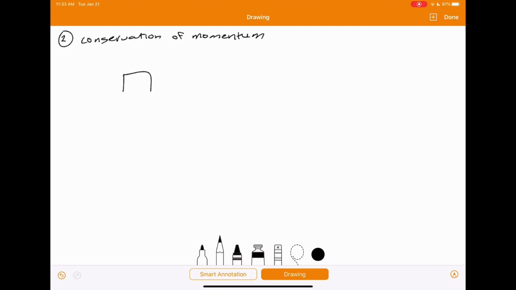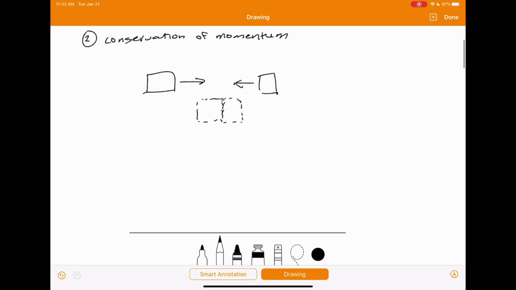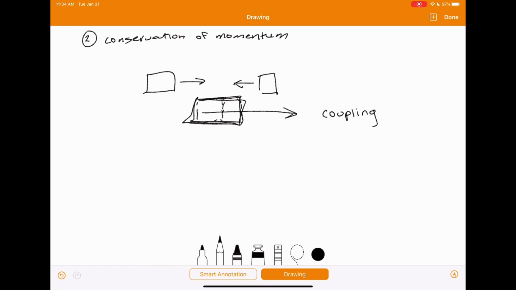If you had two objects going towards each other and they eventually collide, and let's say, for example, once they collide, they don't bounce back away from each other, but one of them is moving so much faster than the other one that they just stick together and become one object and then move off in one direction. This is called coupling when they stay together like that.